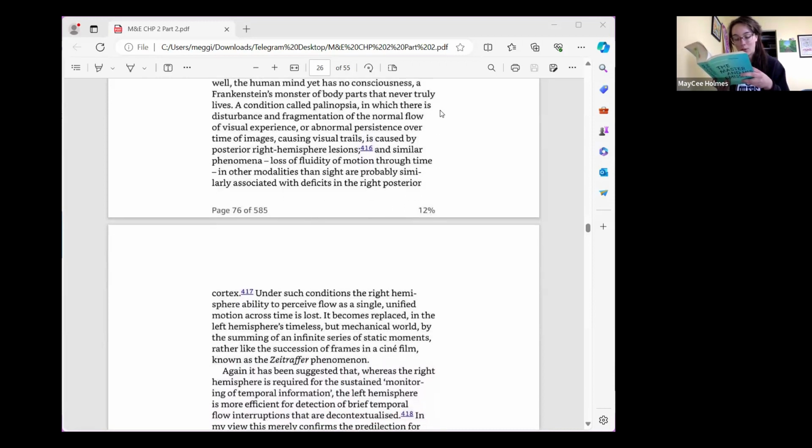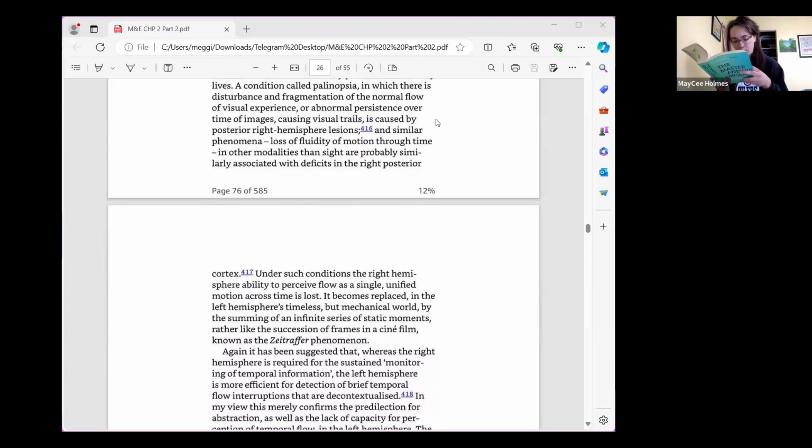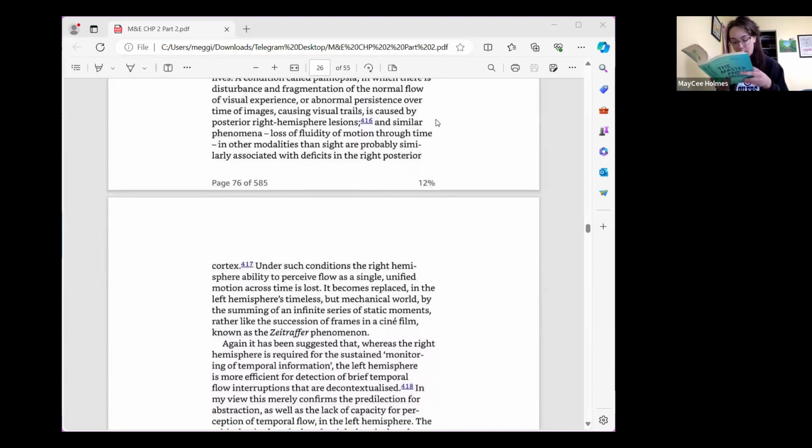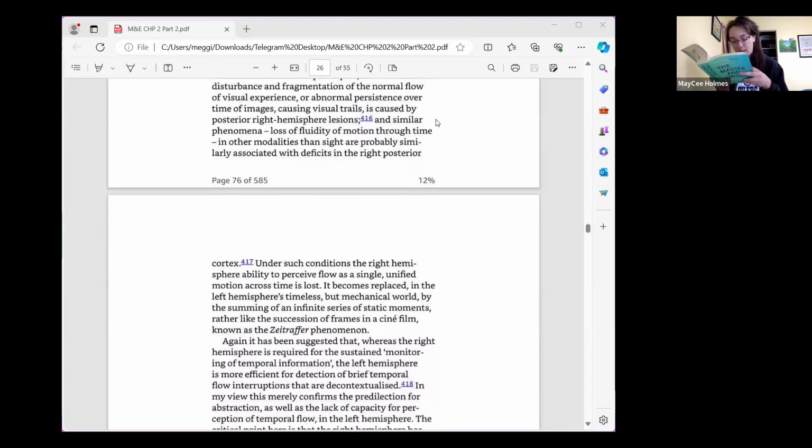A condition called palinopsia, in which there is disturbance and fragmentation of the normal flow of visual experience, or abnormal persistence over time of images causing visual trails, is caused by posterior right hemisphere lesions.